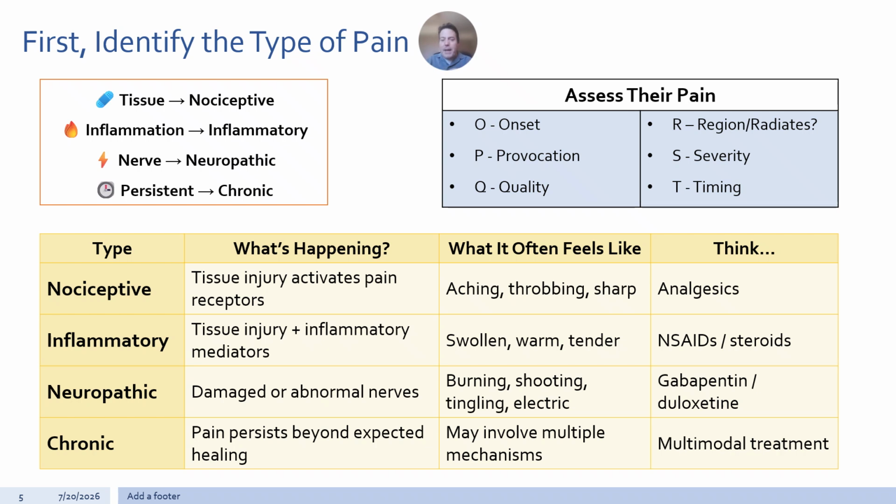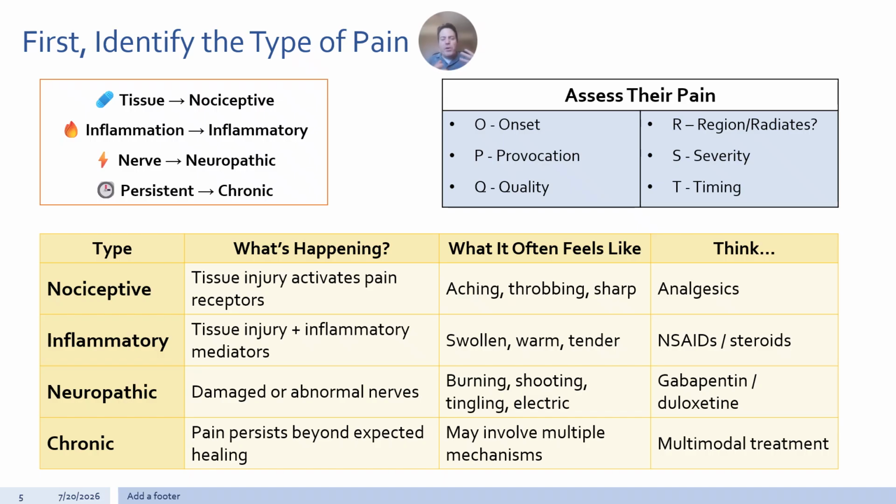We'll talk about that in a minute. You might have pain that feels swollen, warm, or tender, and those are probably going to be best treated with nonsteroidal anti-inflammatories, or NSAIDs, and steroids. Then you might have damaged or abnormal nerves with neuropathic pain.